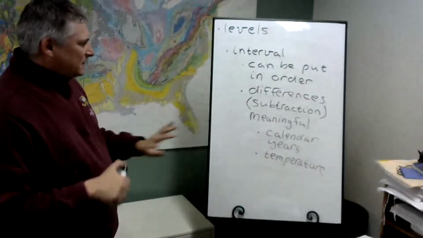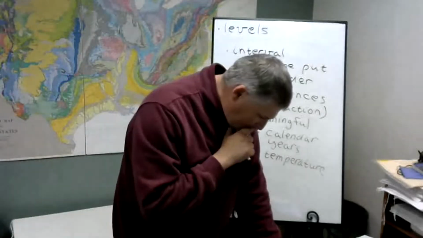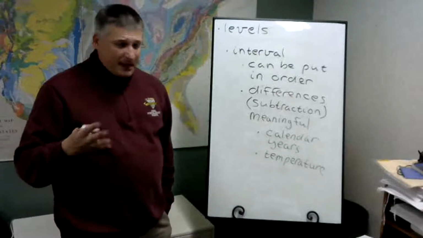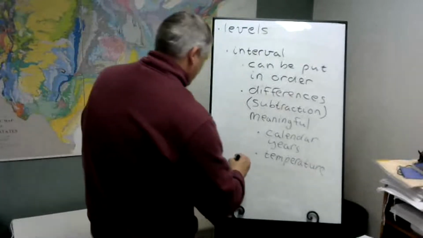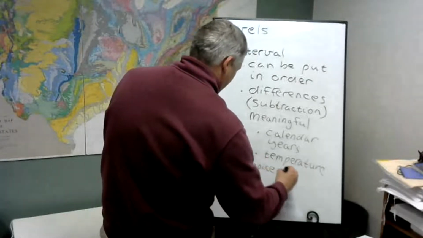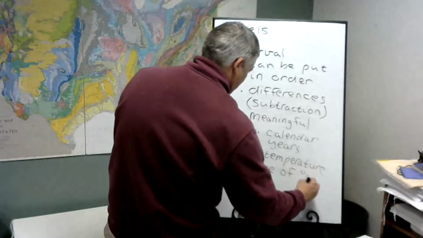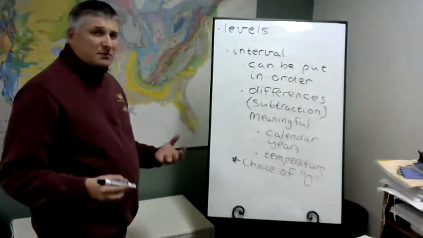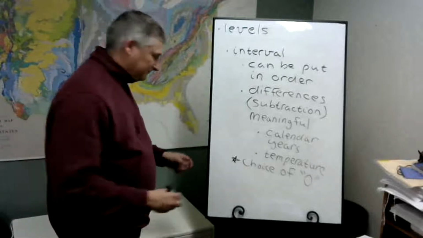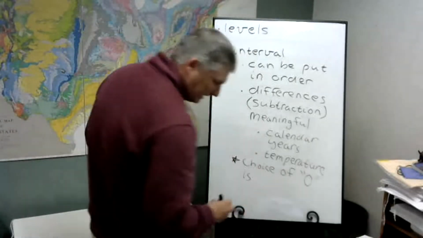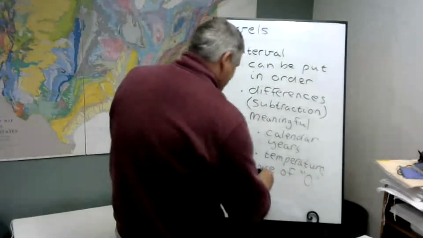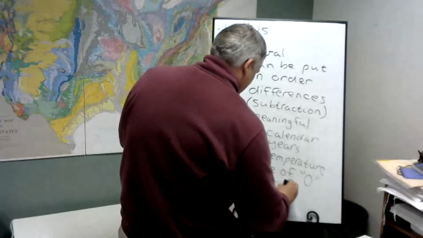Now, there's something interesting about this, though, and it's going to be important when we get to the next and last category, and it's this. The choice of zero in our measurements is arbitrary. Or this is kind of, I'm going to use what they say, not a "natural" choice.